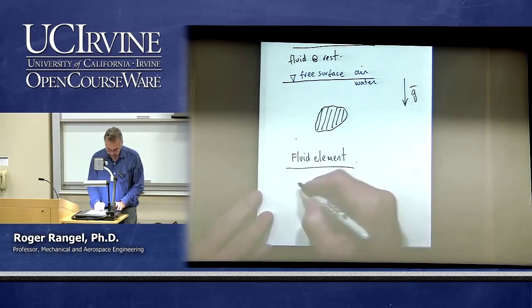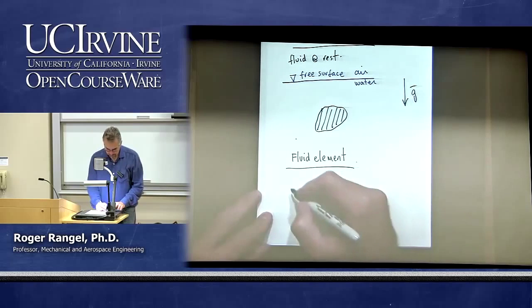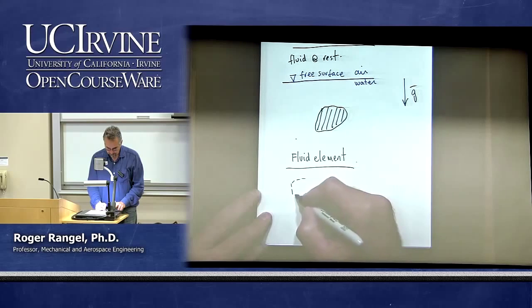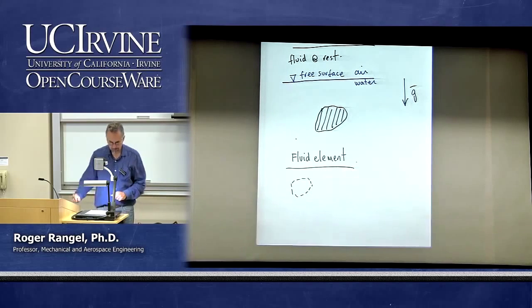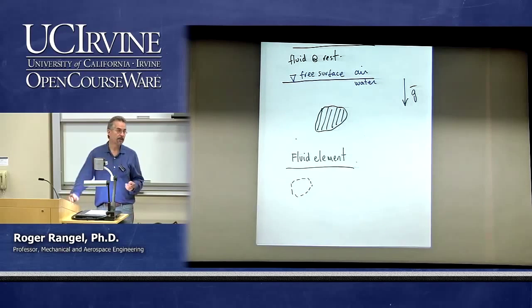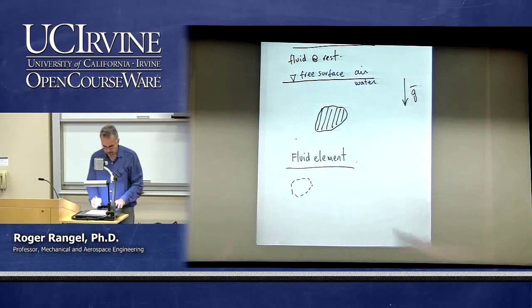So the concept of a fluid element is very simple. Let's say that I have this fluid here. If I just make an imaginary volume within that fluid, this dashed line represents a boundary, in the way we studied in thermodynamics, a system boundary, so that whatever is inside here is a control mass.